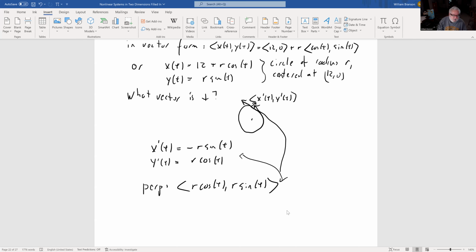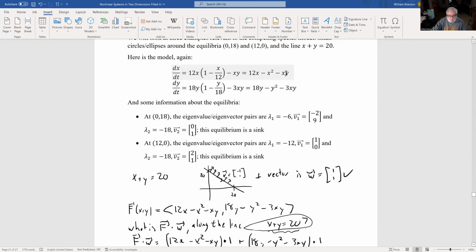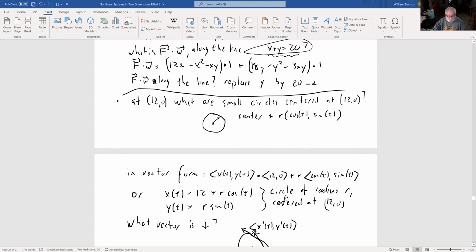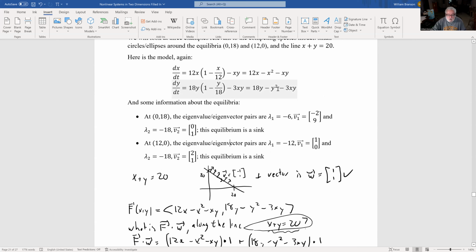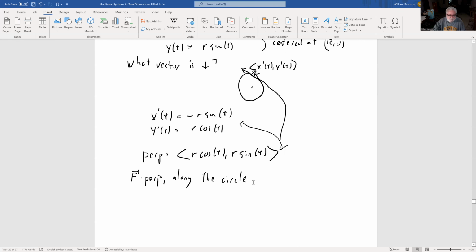So we want f dot perpendicular vector along the circle. And you do that the same way we did up here, right? Here's my x component. Replace all the x's with 12 plus r cosine t. Replace all the y's with r sine t, and then take the dot product with this thing. And that would give us f dot the perpendicular vector along the circle.